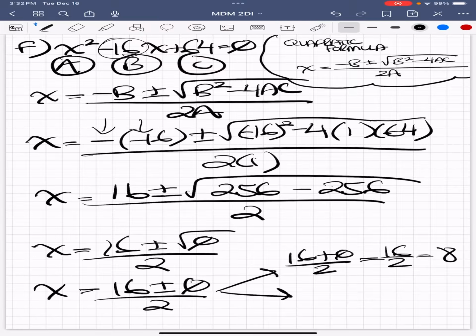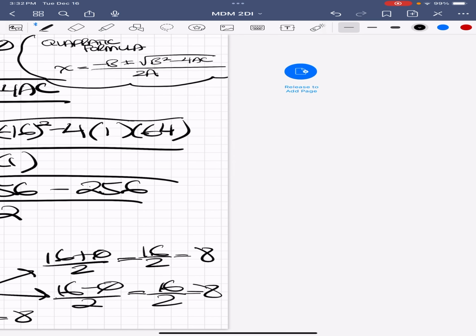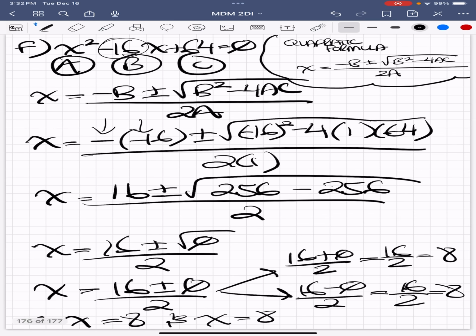And then we have 16 minus 0 over 2. Pardon me if I said something wrong, but 16 over 2 equals 8. So this means that it's a root of order 2, so our x-intercepts would be x equals 8 and x equals 8. Thank you very much, and I hope you found this helpful.